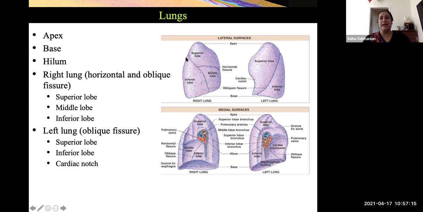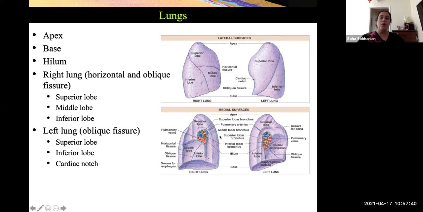First is that if you look at your lungs, you have again that pointy aspect of your lung right here. So that's called the apex, kind of like your heart, you had the apex and the base. Same concept applies here. So you have the apex on the top for the lungs and the bottom where it sits on the diaphragm, that would be your base.